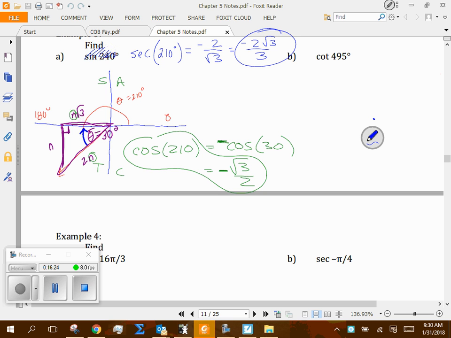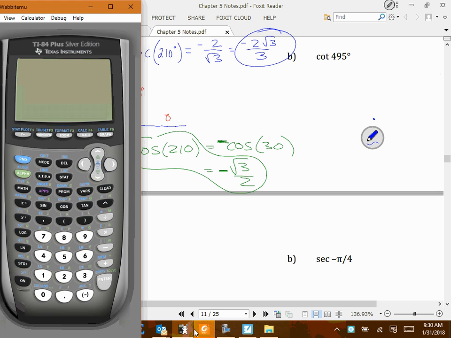If we type this in on our calculator, now obviously we don't have a secant key, but our calculator knows that if I take the reciprocal of cosine, so 1 over cosine of 210, that's saying the exact same thing as secant of 210.